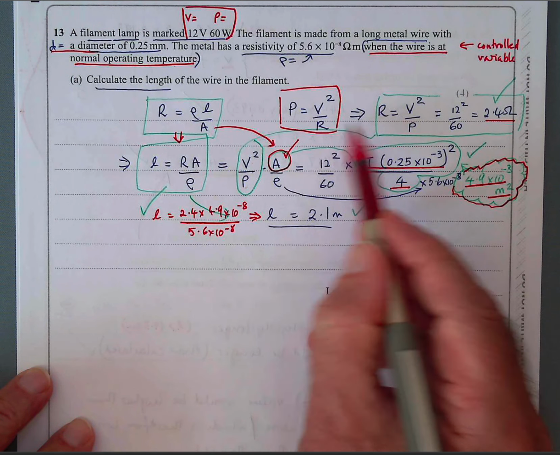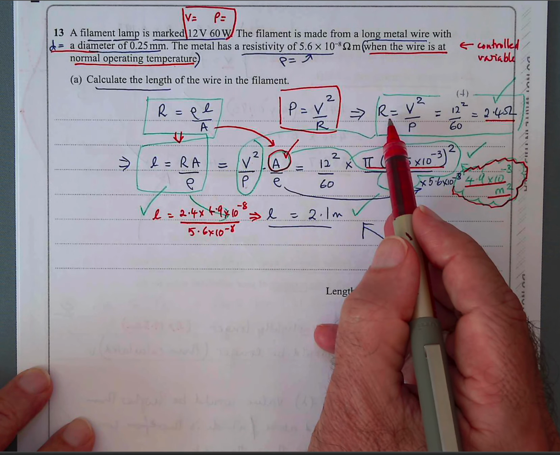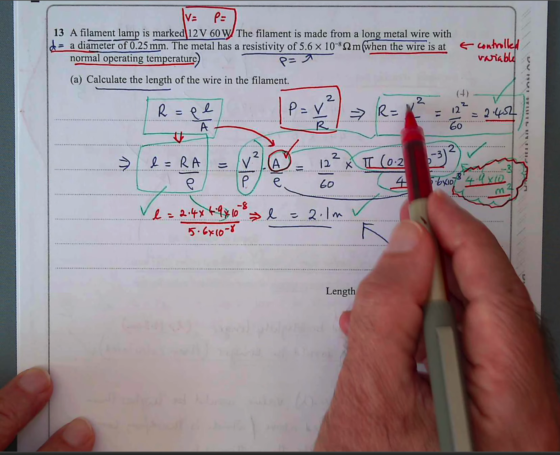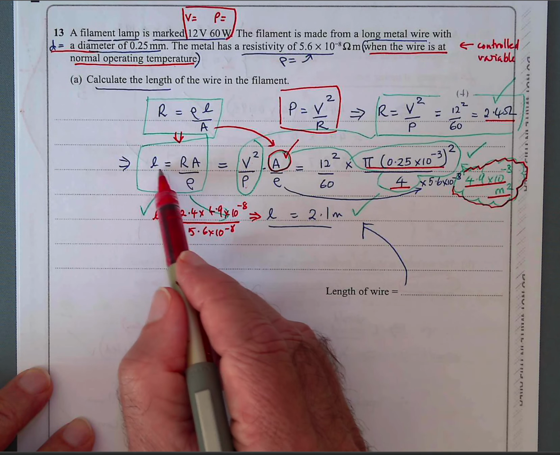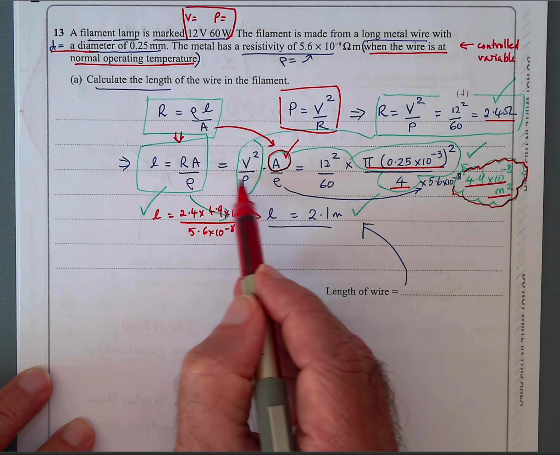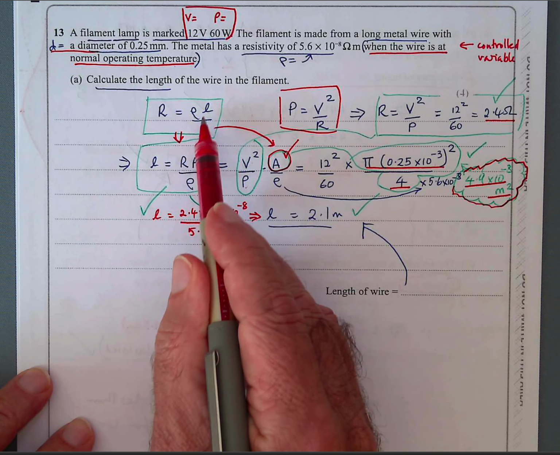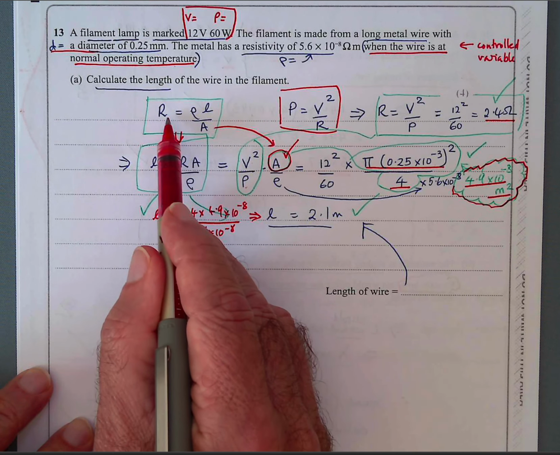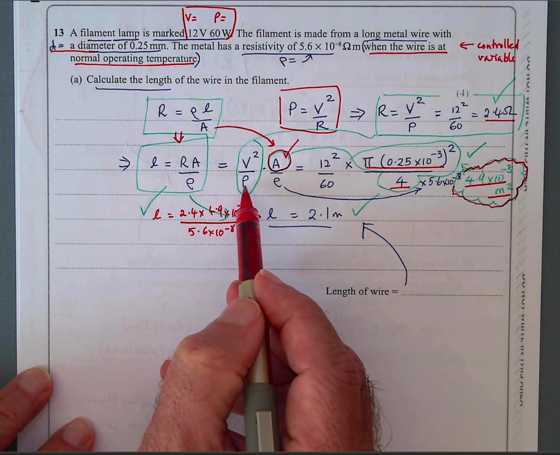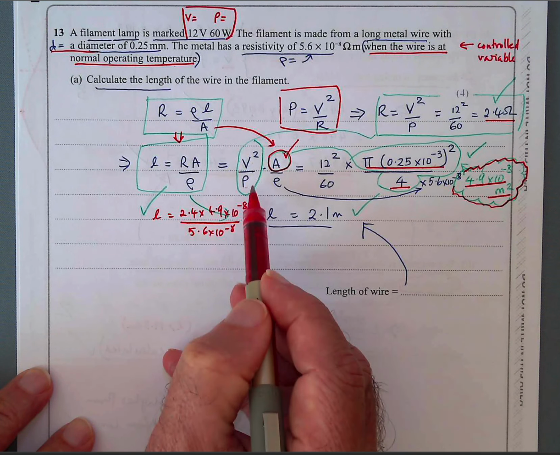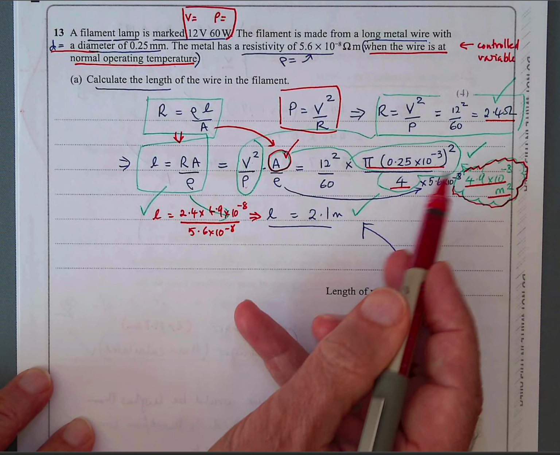I'm showing you algebraically that you can replace R here with V squared over P. So all I've done is written V squared over P instead of R. I've changed the subject of the formula to make L the only unknown, because we know R from V squared over P. This is R. A, we calculated already.